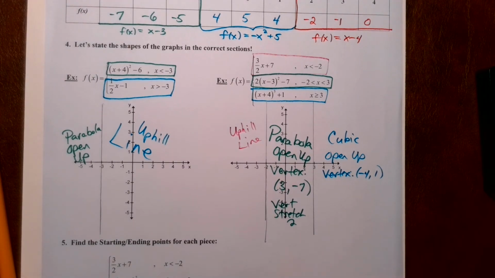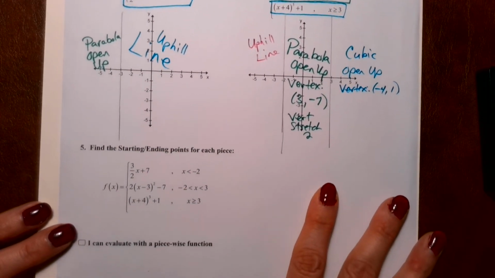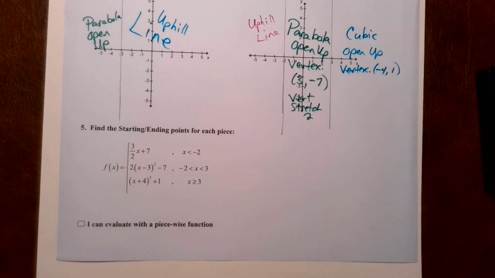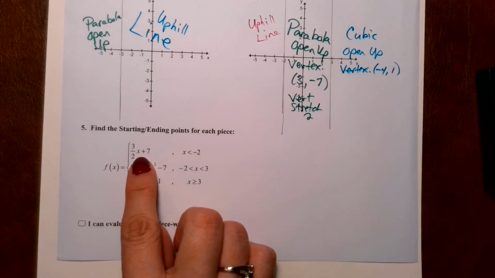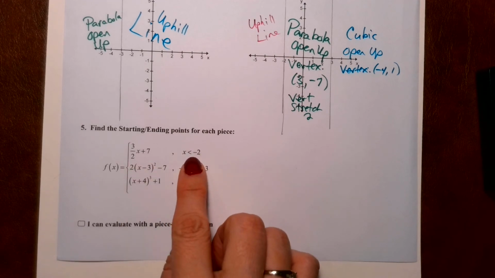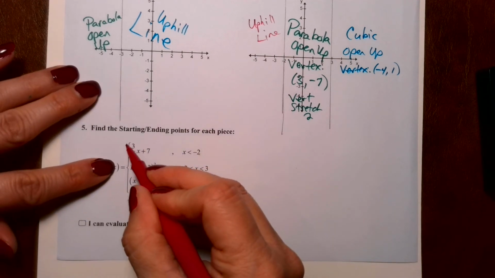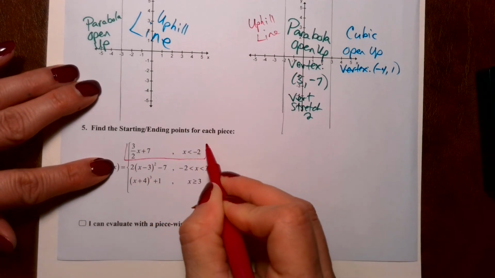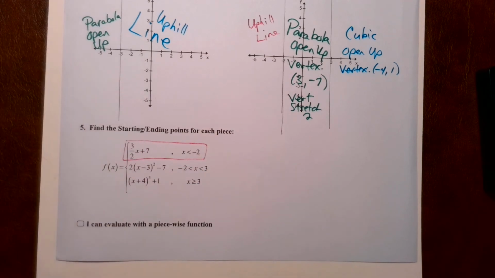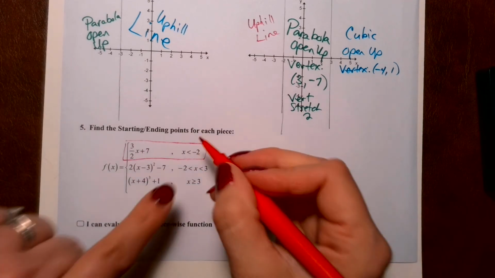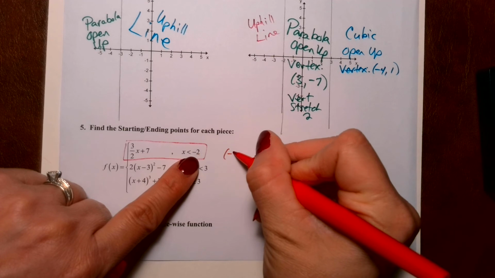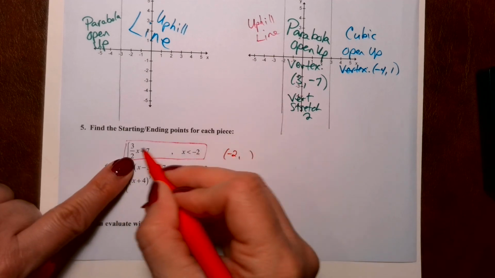Something that we're going to have to be able to do is find the starting and ending points for each piece. We're not going to use this entire line. We're only going to use the line that's less than -2. So we're going to get good at finding the starting and ending points. We're going to take -2 and plug it into the line.